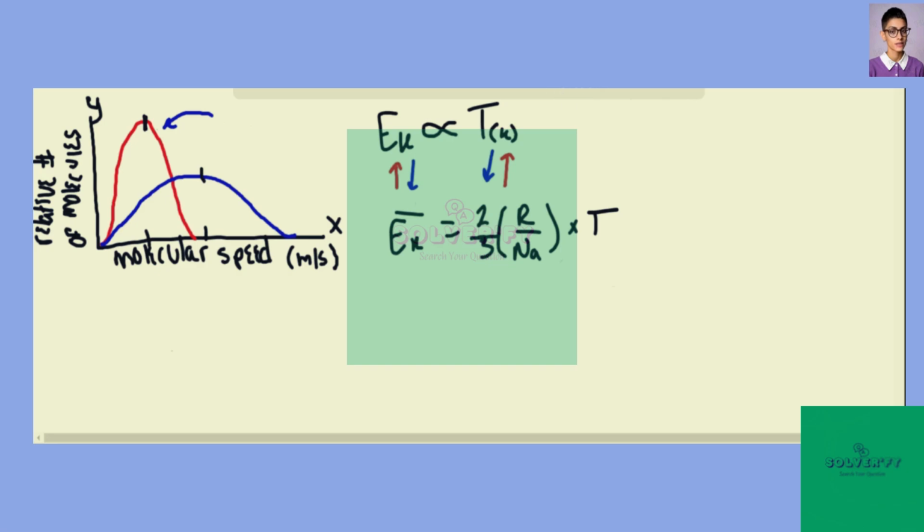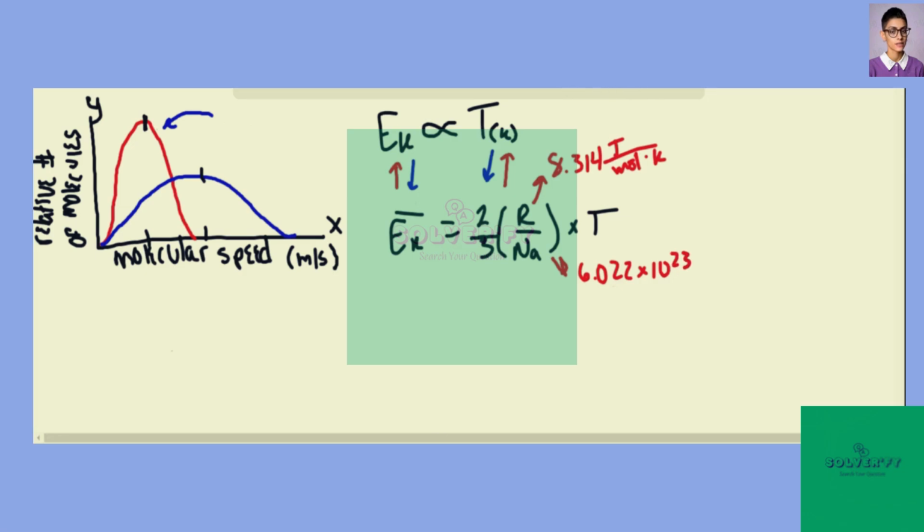Now, if we break this down, we've got essentially three constants and our temperature. We've got two-thirds, which is a constant. We've got R, which is 8.314 joules per mole times K. And then we've got Na, which is Avogadro's number, and that is 6.022 times 10 to the 23rd.